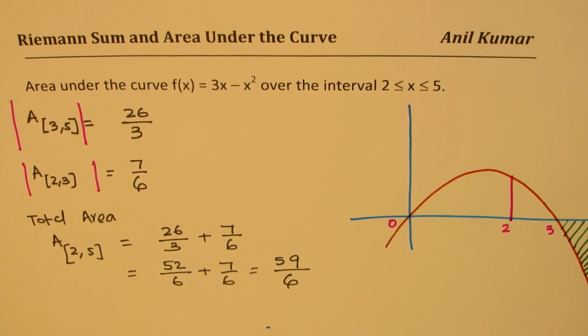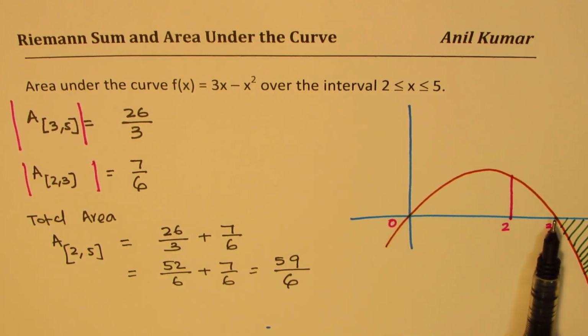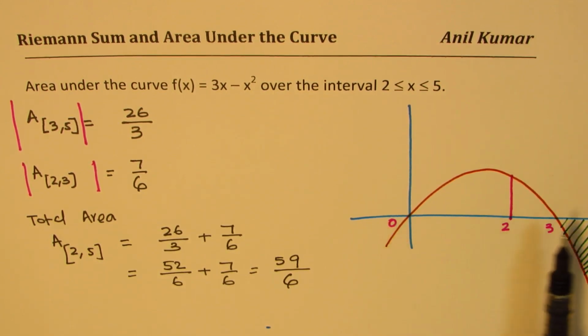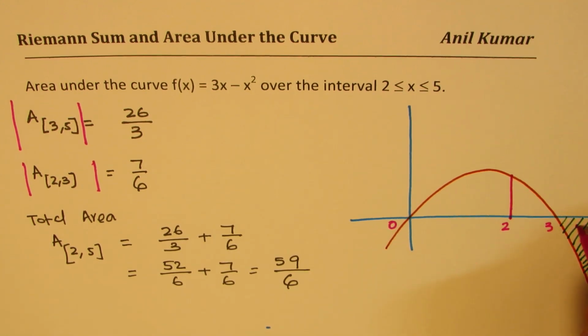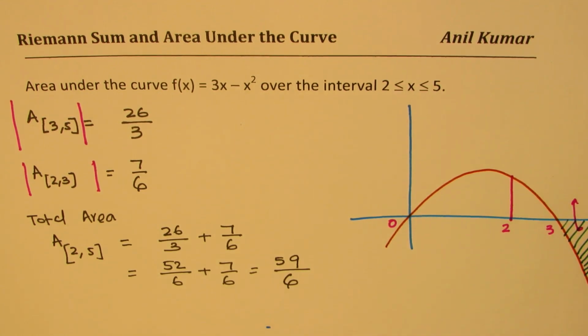So I hope the steps are absolutely clear, right? So we actually did each and every area from 0 to 3, 0 to 2, 0 to 5. We actually split this. We actually reflected this to make it positive, to add them up and get a result which was 59 over 6.